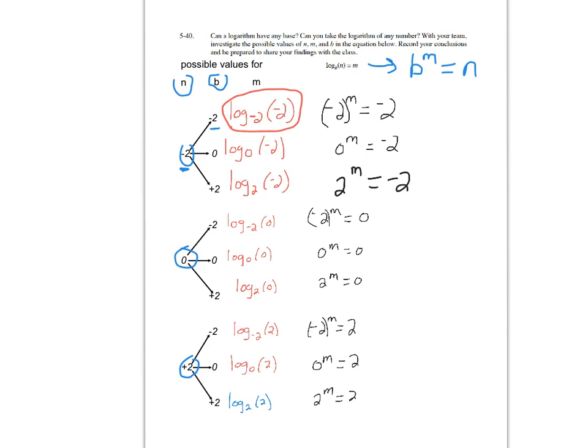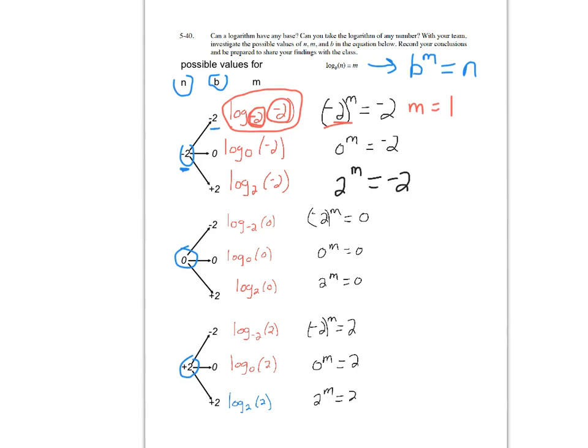In other words, sometimes it's going to work and sometimes it won't. So if we apply the definition of logs, my base is -2, so -2 to the m equals -2. Yes, m actually does work for this one. M could be 1. But if I take the log of a negative base of some negative number, is that always going to work? And the answer is no, it's not.